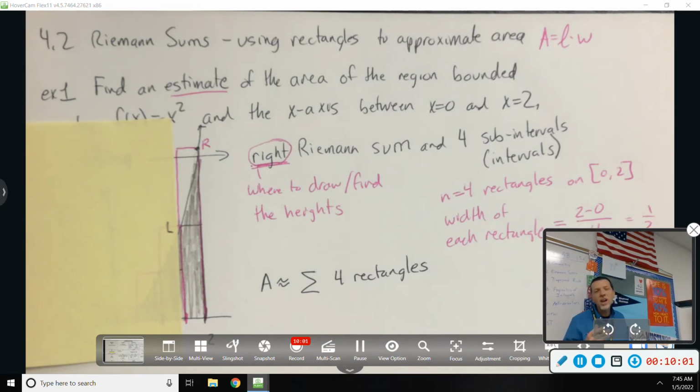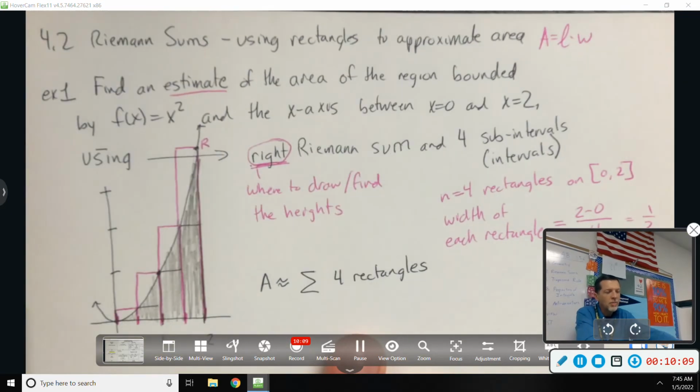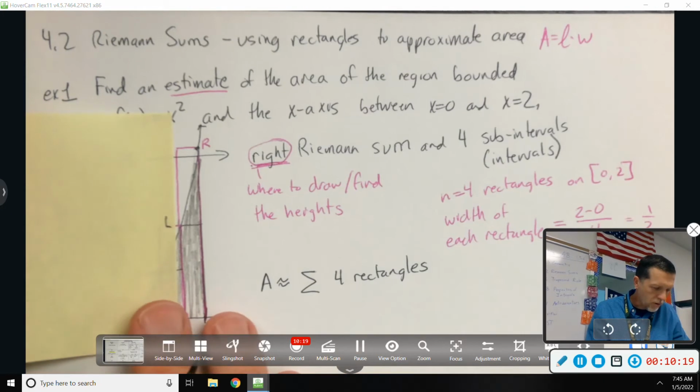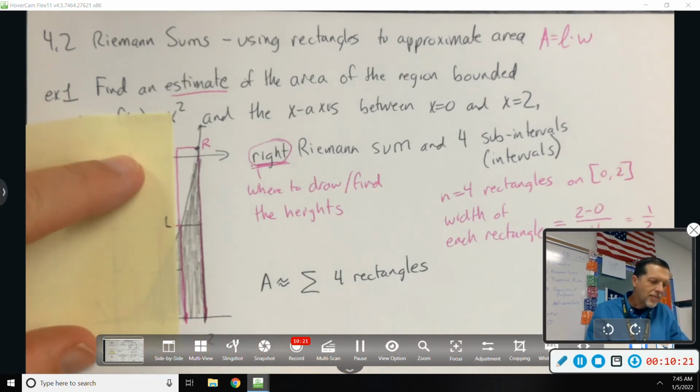And so depending on the shape, you can tell immediately whether your estimation is going to be an overestimate or an underestimate. So for this one, if we come from the right the whole time, is that going to be an overestimate or an underestimate? Over. All those rectangles are above the actual curve. If we came from the left, it'd be an underestimate.